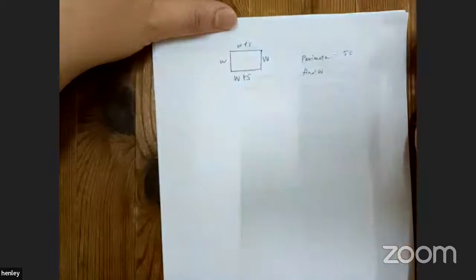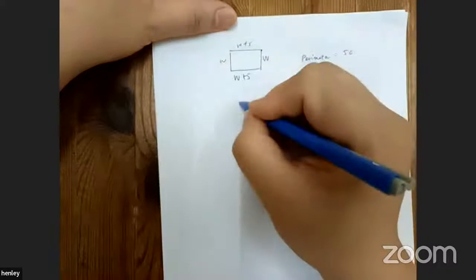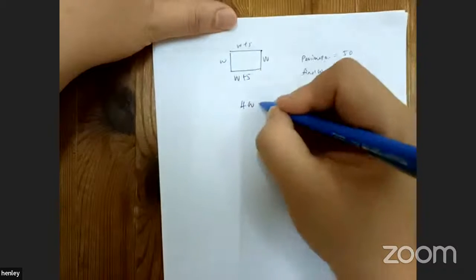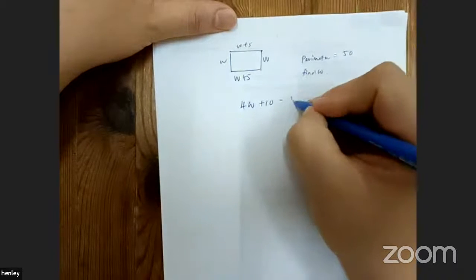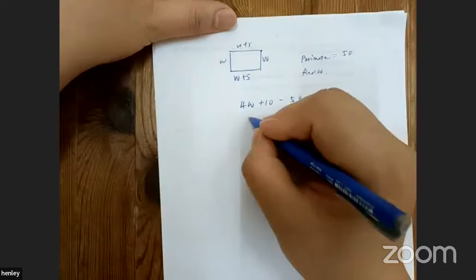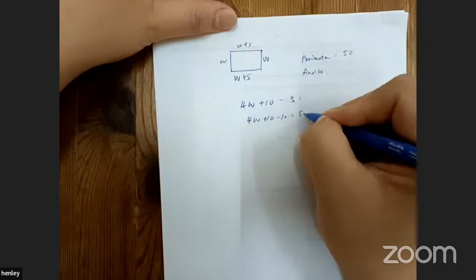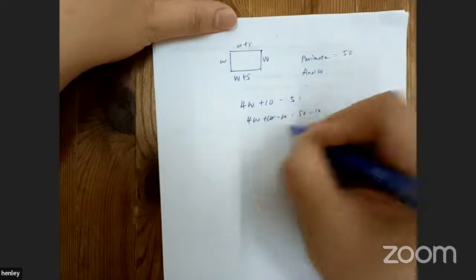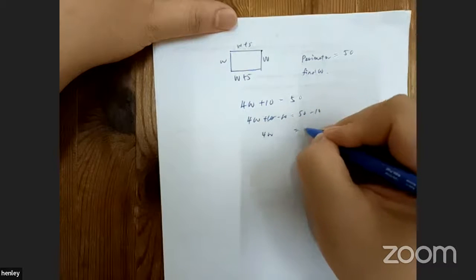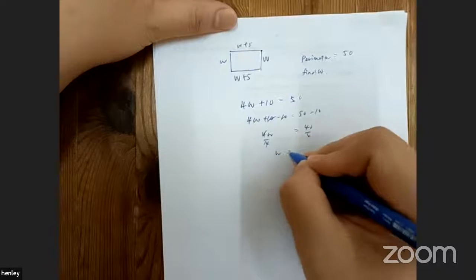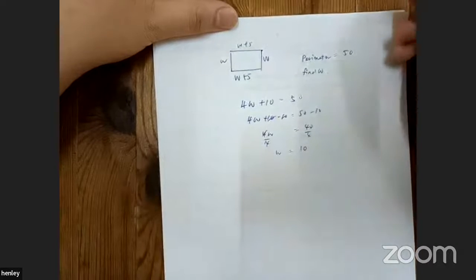The perimeter of the rectangle is 4W plus 5 plus 5, which is 10, equal to 50. So 4W plus 10 minus 10 equal to 50 minus 10. So 4W is equal to 40, divided by 4 on both sides. W is 10.